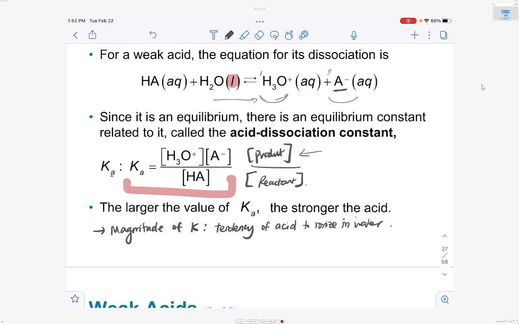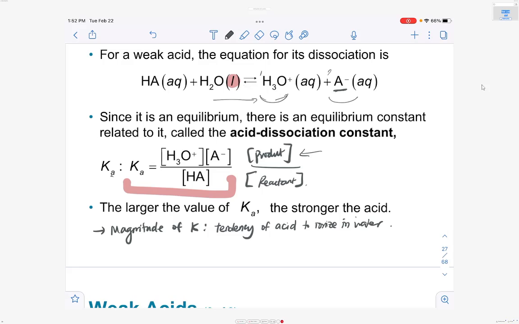So does it make sense that the larger the Ka value, the stronger the acid with more ionization? And vice versa, the smaller the Ka value, the weaker the acid is with less ionization.